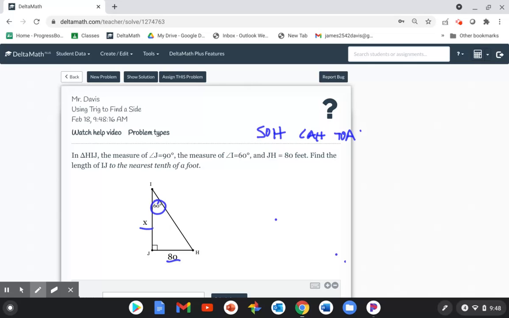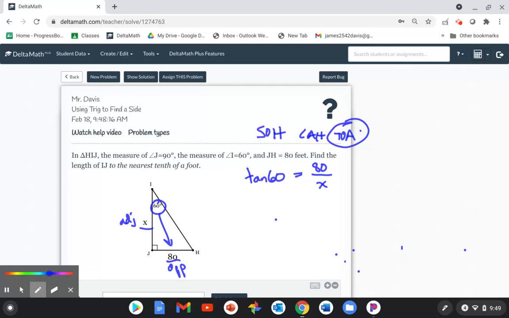In relation to that angle, here's an opposite, and here's an adjacent. So we need to think which trig ratio has an opposite and an adjacent. That is going to be tangent. So we write tan of 60 equals opposite, which is 80, over adjacent, which is x. That's our setup. Then we solve for x.